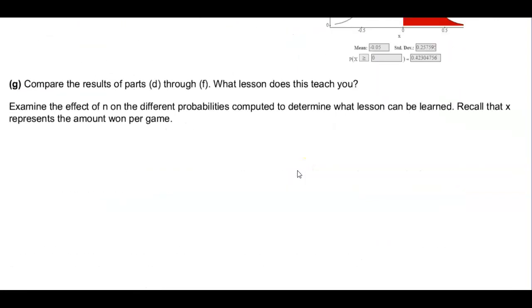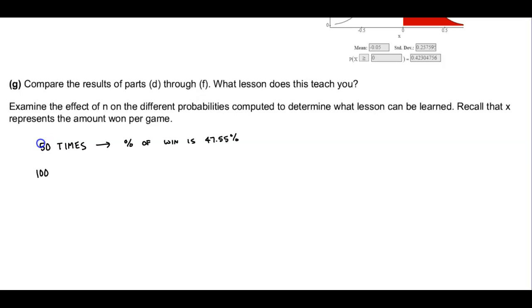So let's go ahead and write that down. Okay, so we know that in part D, if you play the game 50 times, then the percentage of winning from our probability is 47.55%.